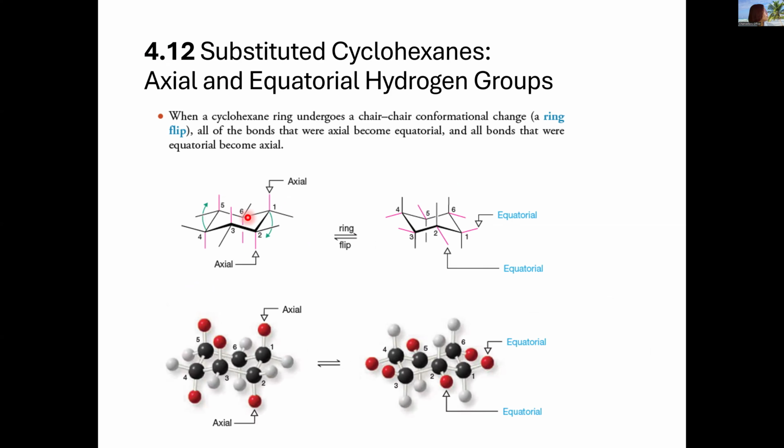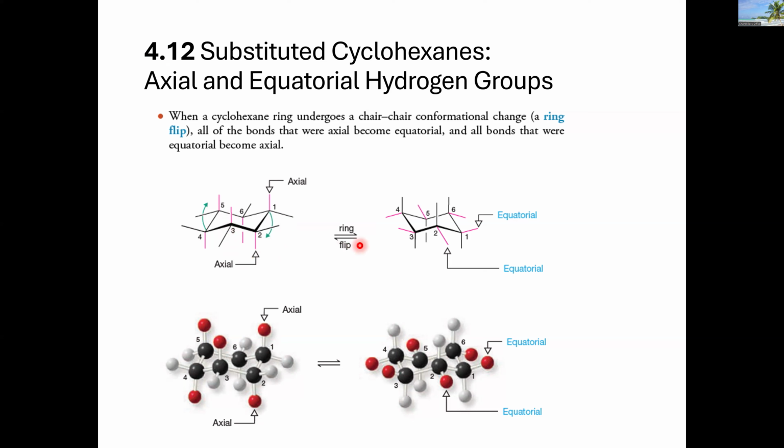So if you are in this, the right side is up and the left side is down. I showed you how to write the axial and equatorial bonds on this carbon.